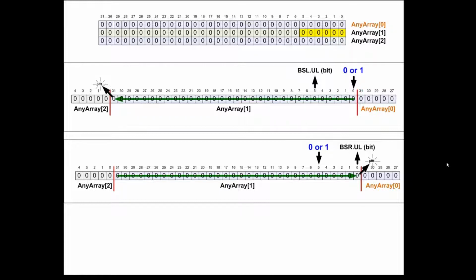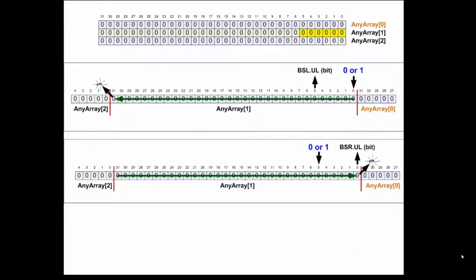But as far as pure behavior goes, any values that are in 31 down to 6 will continually shift with each bit shift right instruction execution, but bit 5 will always be overwritten with whatever the value is in the source bit.